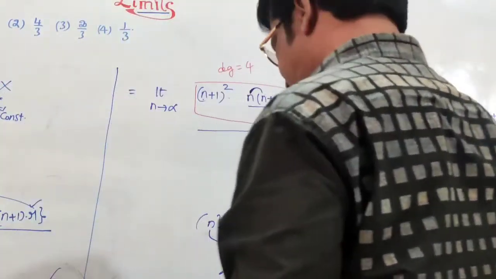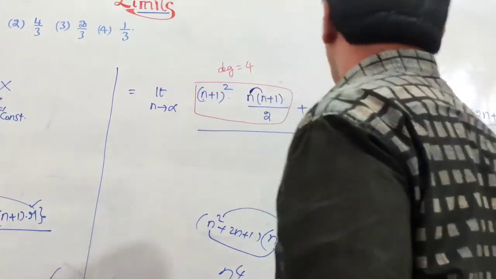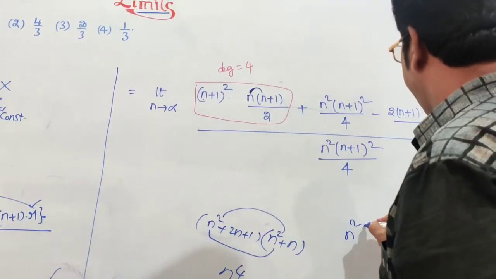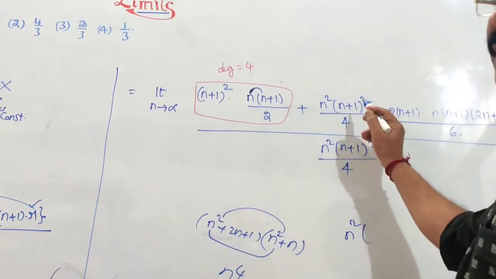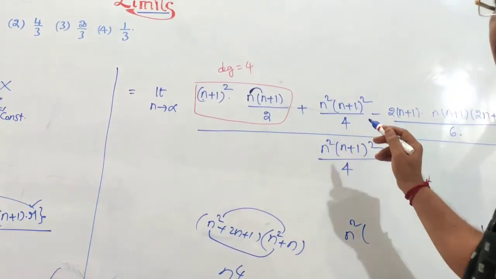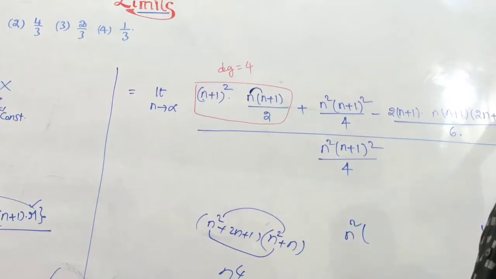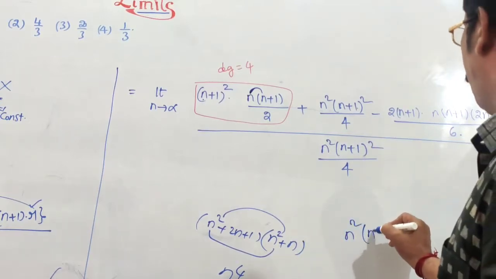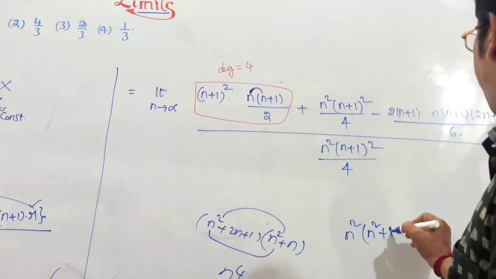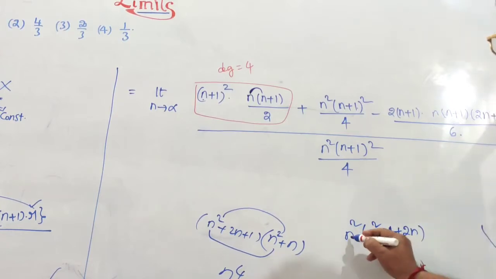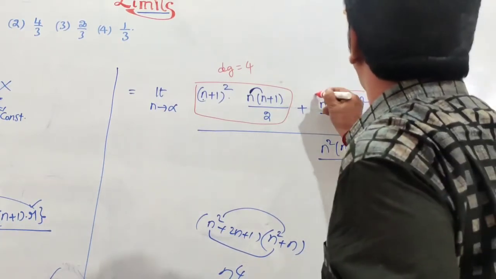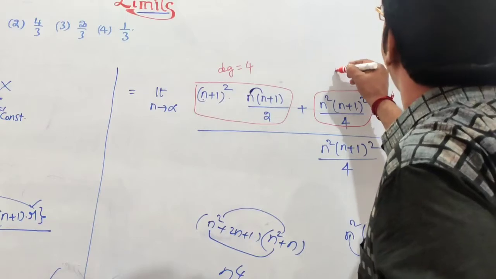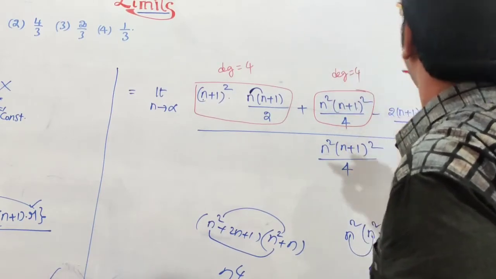Next, you come here. Here also n² into (n + 1)², which is in the form (a + b)², and (a + b)² is a² + b² + 2ab. So on multiplication, we get n to the power of 4, so the highest degree of this term is 4.